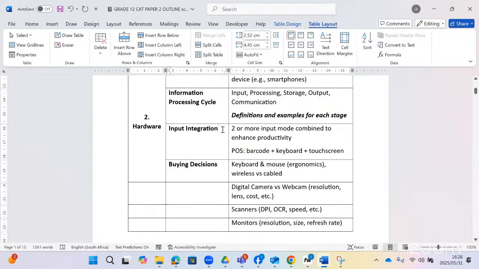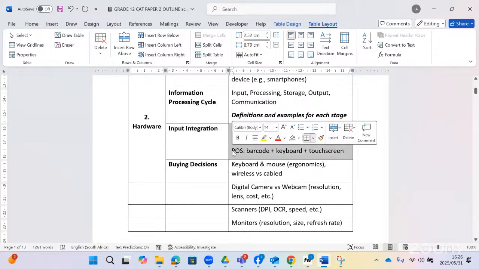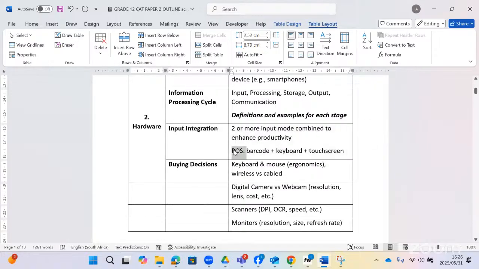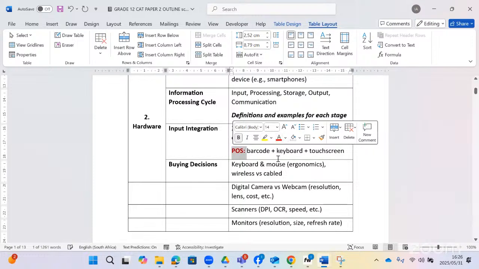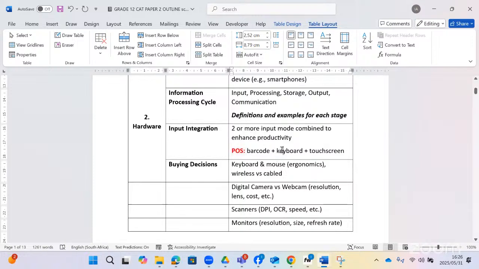Then the integration of input modes to enhance productivity. That is whereby two or more input devices are combined in one system to enhance productivity. A typical example is point of sale. If you take point of sale, POS, like ShopRite, they have the barcode system, they have keyboard and touchscreen, which is all input mode.